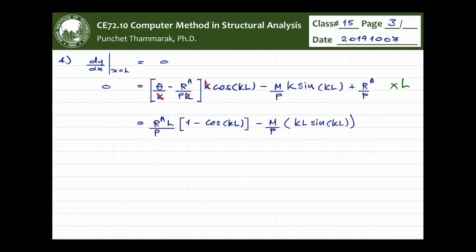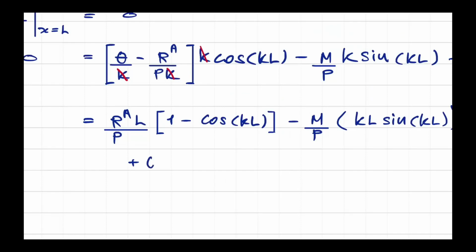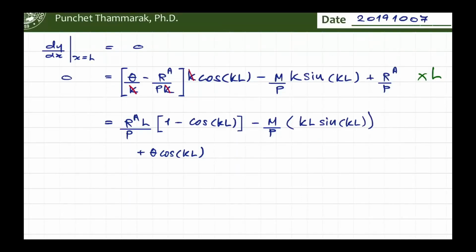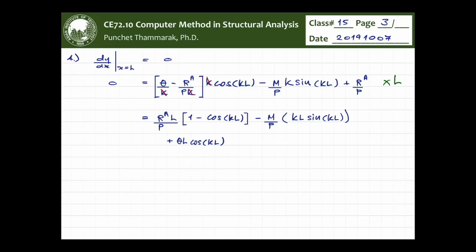So R is there, M is there, then we have the theta plus theta cosine KL. Theta L, right? Theta L cosine KL. I multiplied through by L already. Then theta L cosine KL.